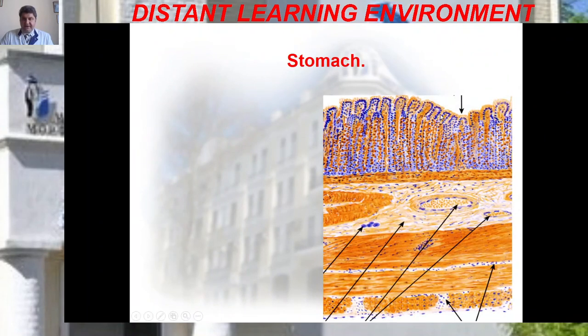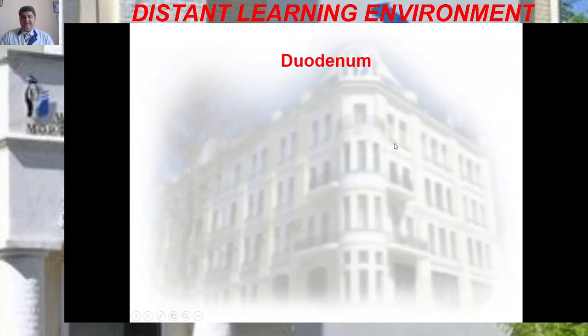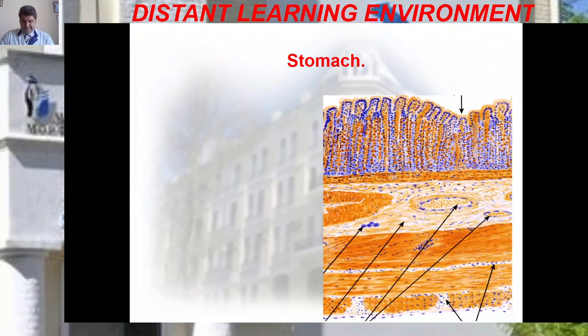You may see this histologic examination here. You may see that the mucous membrane is situated here, and it forms the folds in the stomach, and it produces enzymes such as pepsin, and also it produces hydrochloric acid for digestive function.